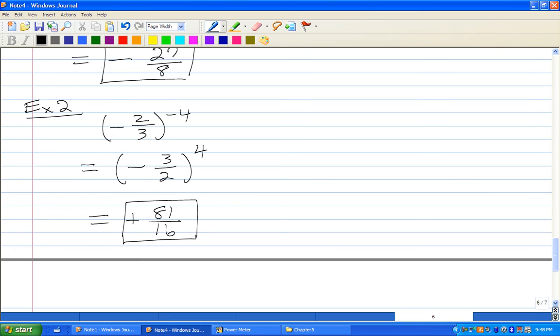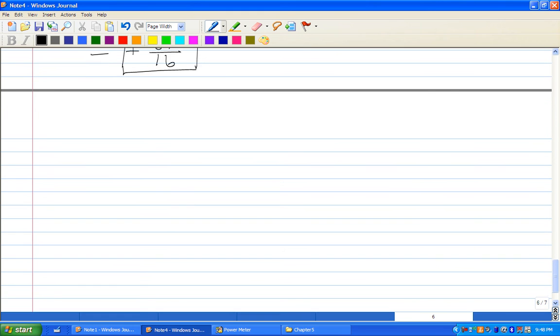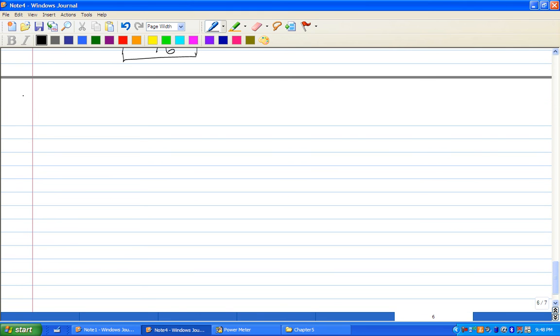Let me do problem number 12. One over 3 to the negative 2. And so I have a negative exponent. Let me bring this up from the denominator up to the numerator.